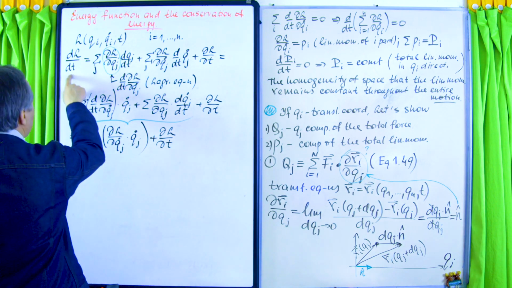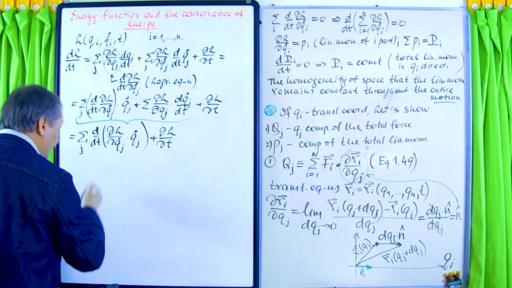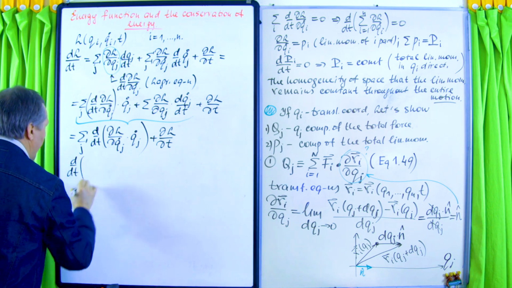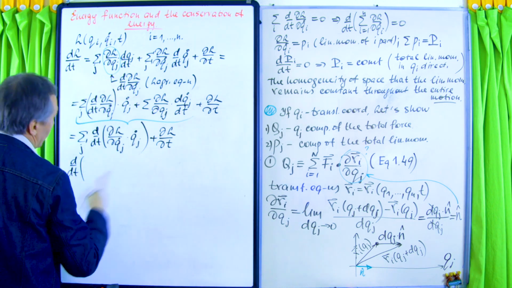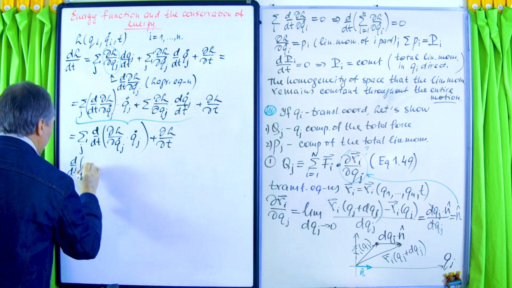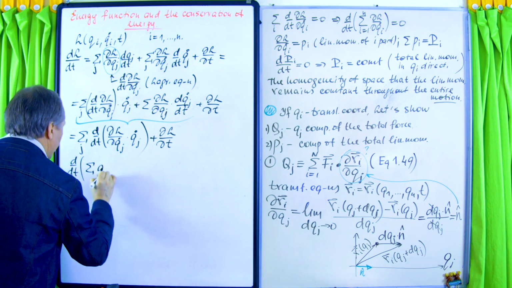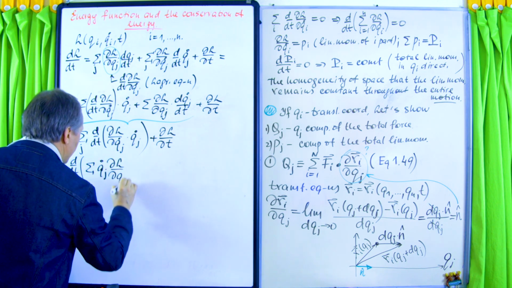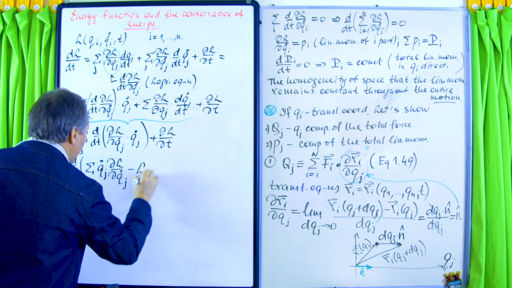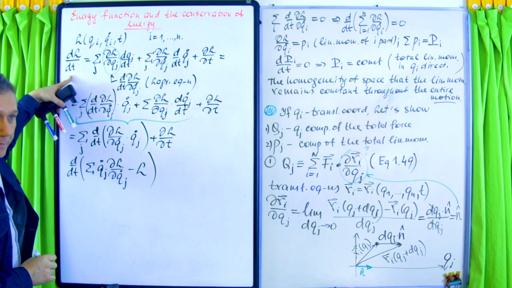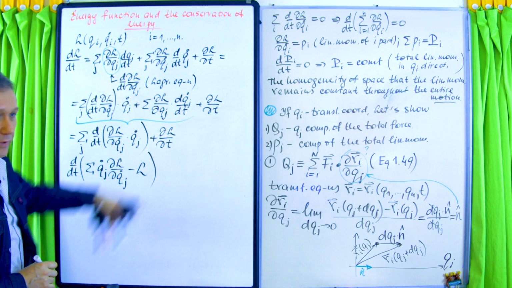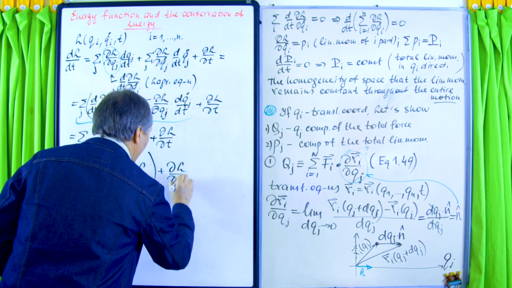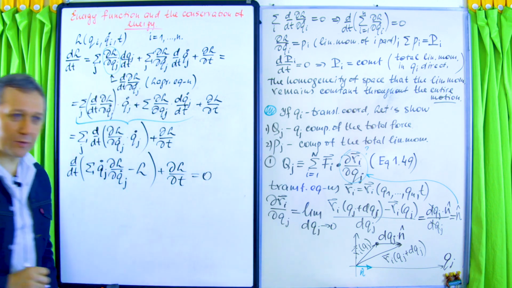So, I will move this dl over dt to this side. As a result, we will have d over dt, and since this goes to that side, this was plus, that was minus, so it will be summation qj dot dl over dqj dot minus Lagrangian, which came from here, and we still have plus partial derivative, this term like an orphan standing here all the time doing nothing, right?